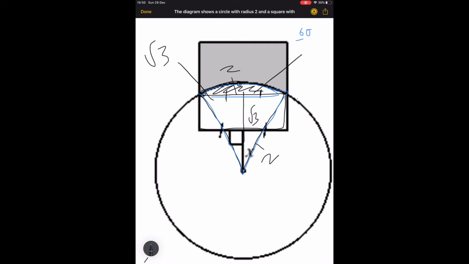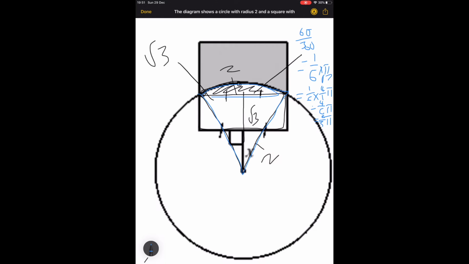So 60 over 360 degrees is the same as a sixth of the area of the whole circle. So a sixth of pi r squared. In this case, a sixth of 4 pi. Eventually, a sixth times 4 over 1 pi, which you get as 4 over 6 pi, which is 2/3 pi.